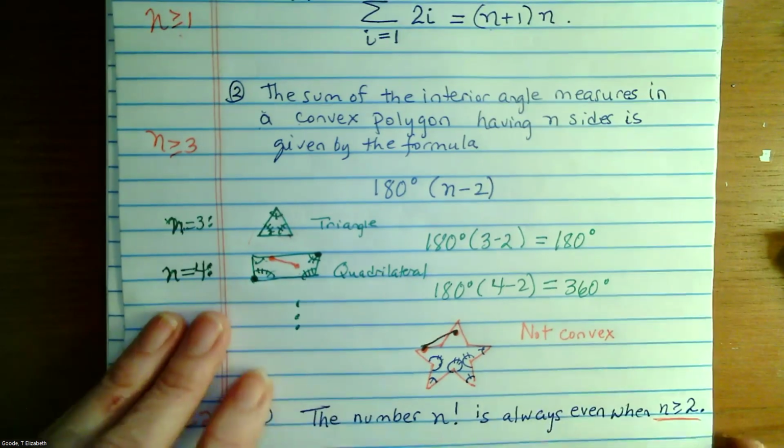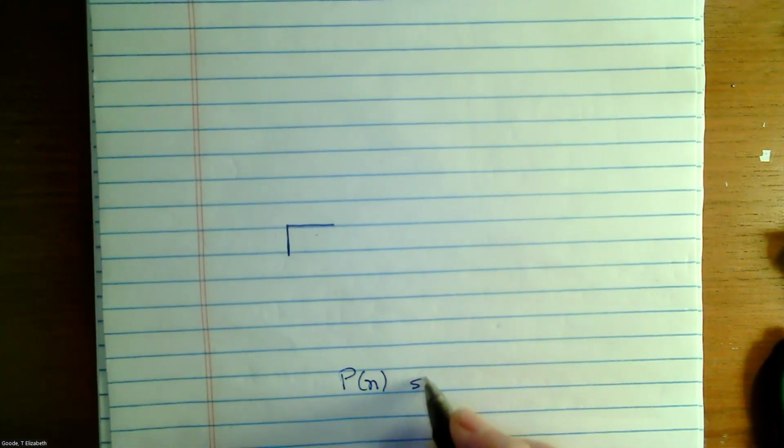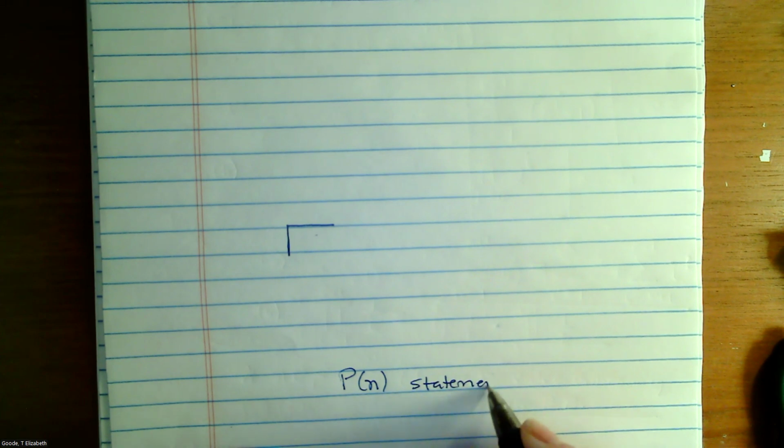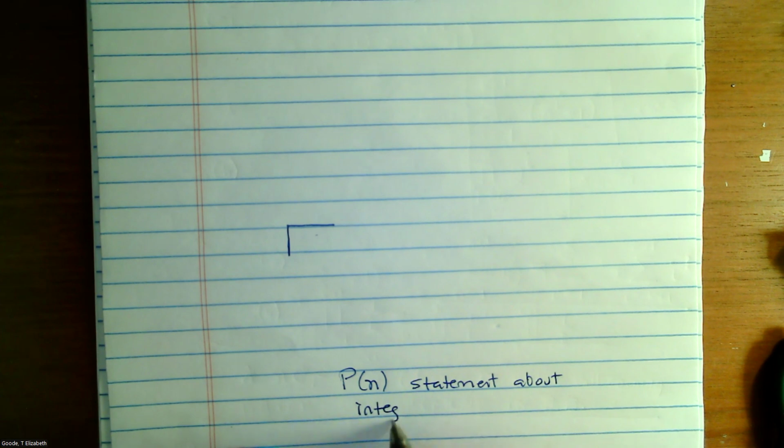Now, I can draw my picture for you. The principle of mathematical induction says something like this. Let's say you've got a statement, P of n, about an integer n. Okay.